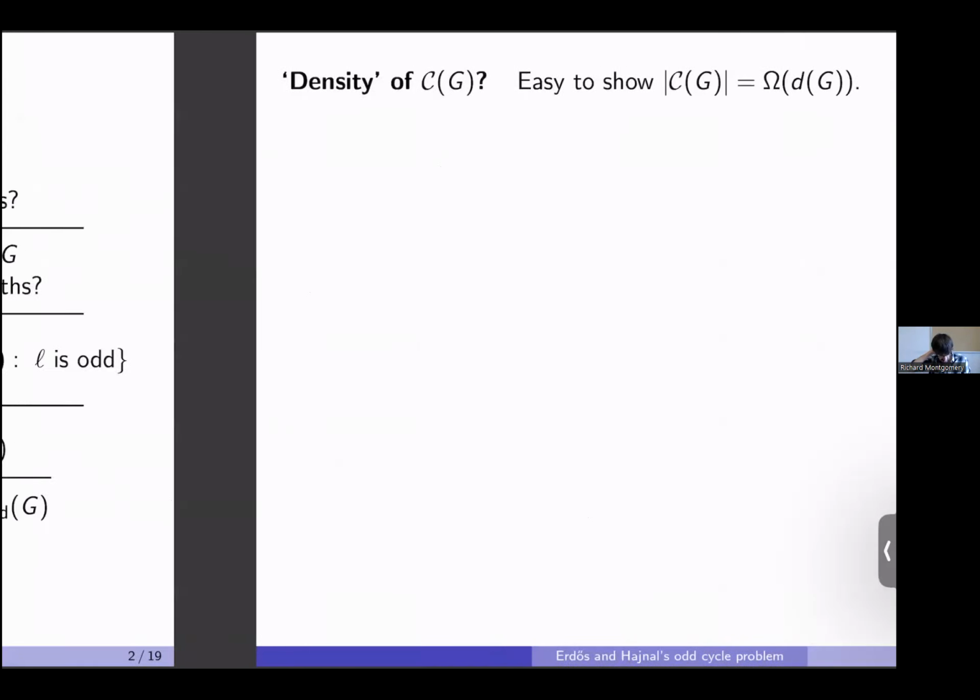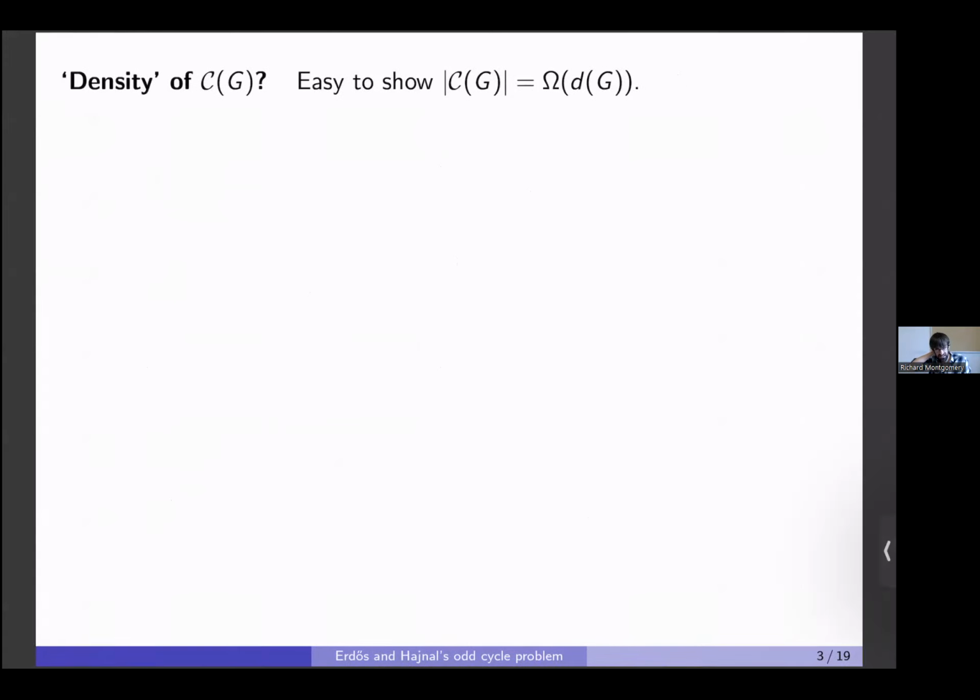So first of all, what might we mean by the density of the different possible cycles in a graph G? It's easy to show, as long as you have average degree at least 2, that the number of different cycle lengths that you should be able to find in a graph G is at least linear in the average degree of a graph, by passing to some minimum degree subgraph and looking at the longest path and what edges you must find back into that path.